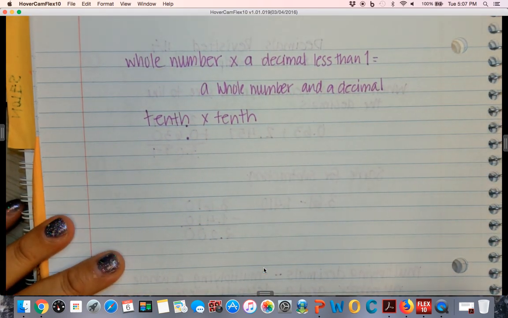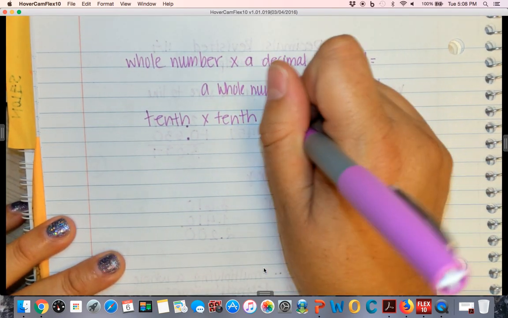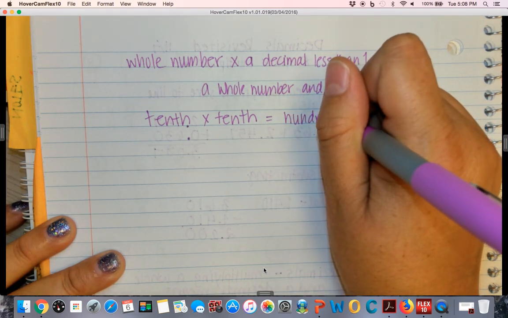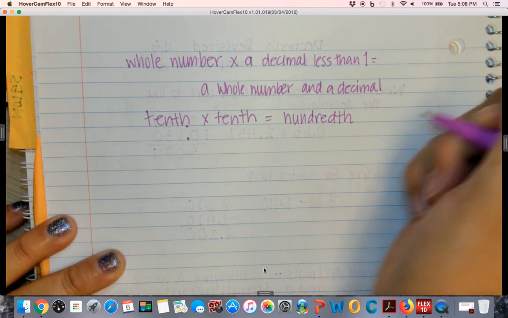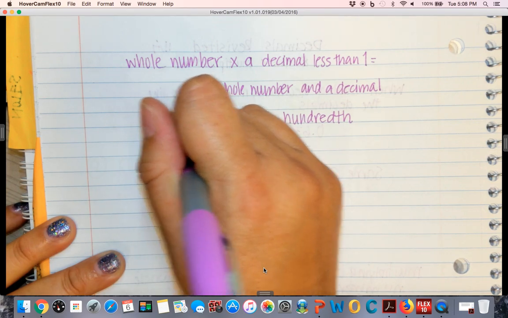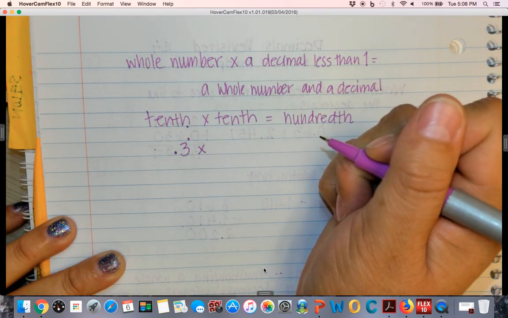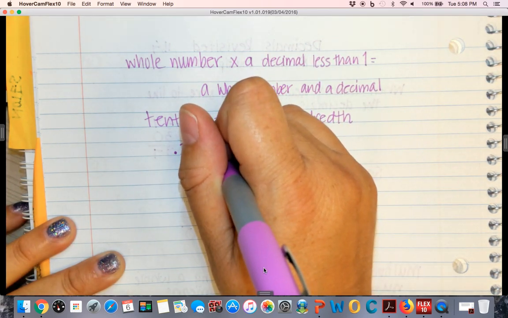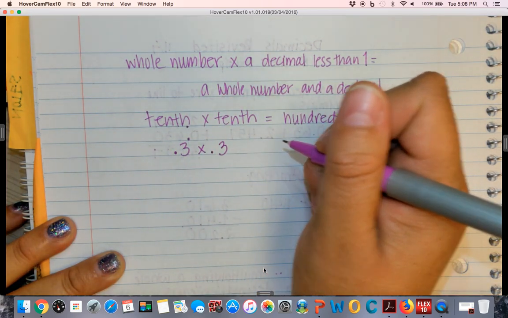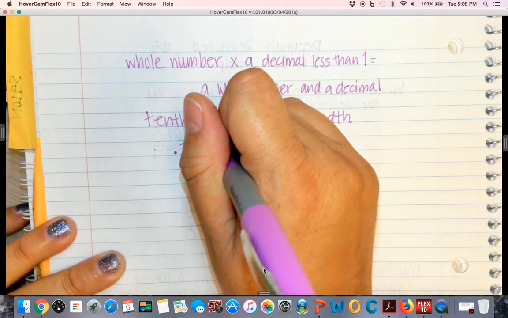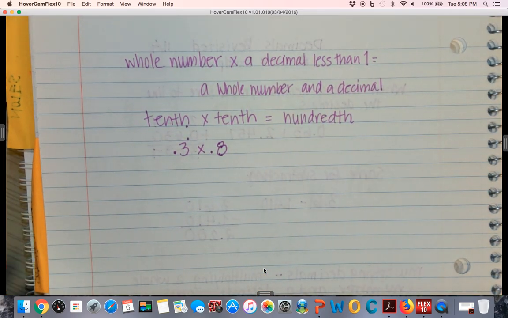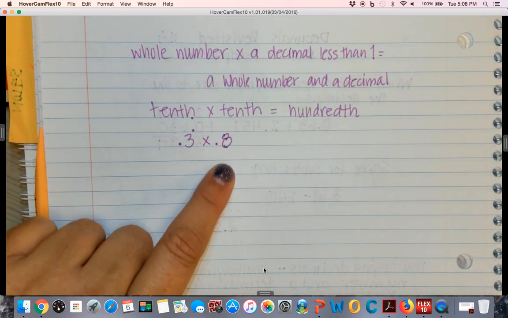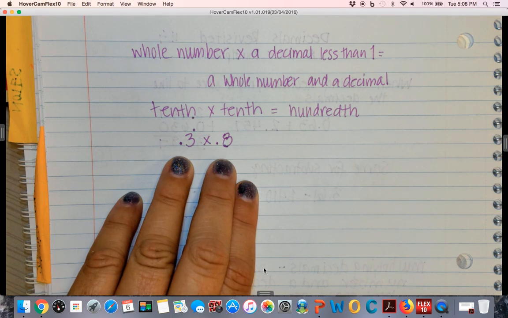A tenth times a tenth will give us a hundredth. So if I multiply 0.3 times 0.8, it doesn't have to be the same tenth. I'm going to change it. A tenth times a tenth. These are both in the tenths place.